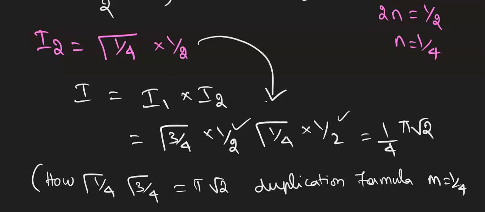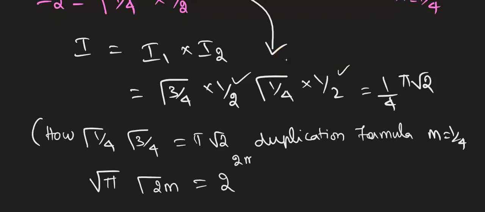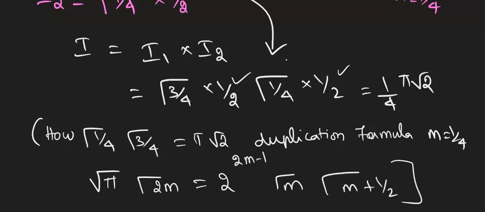So what is your duplication formula? Root pi into gamma of 2m is equal to 2 power 2m minus 1 into gamma of m into gamma of m plus 1 by 2. This is for your extra knowledge. You can take this as a direct formula. Gamma of 1 by 4 into gamma of 3 by 4 is this.